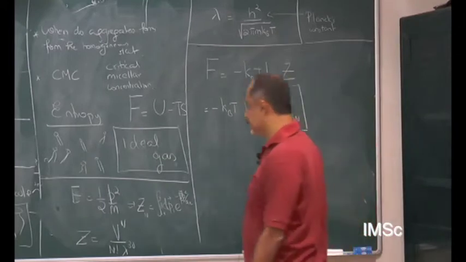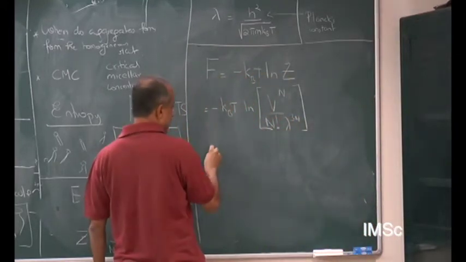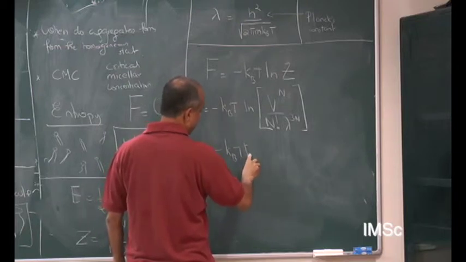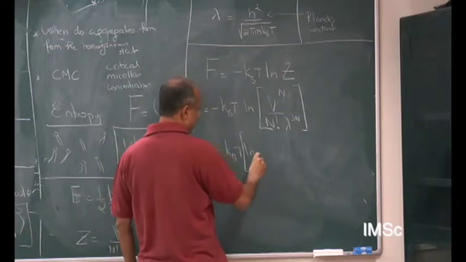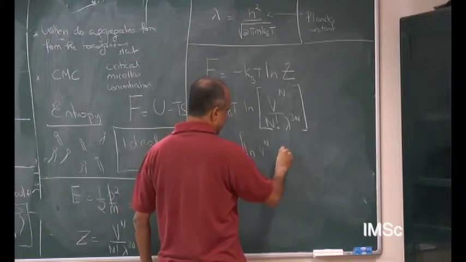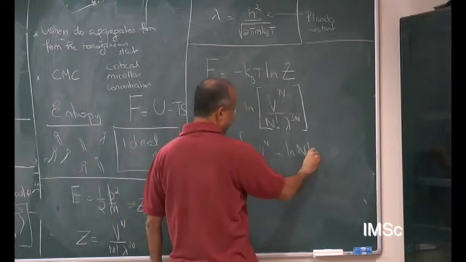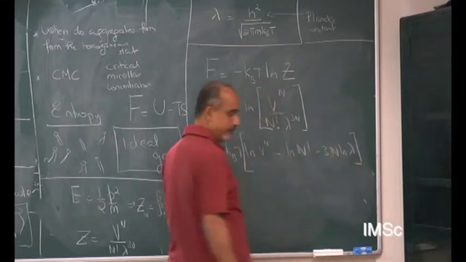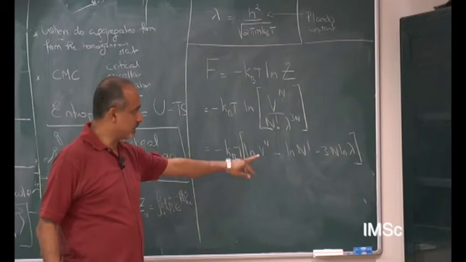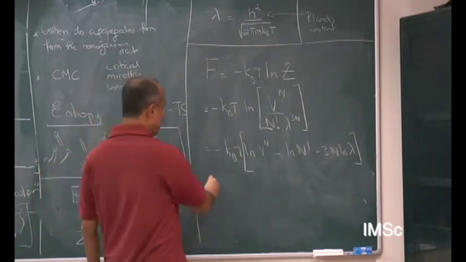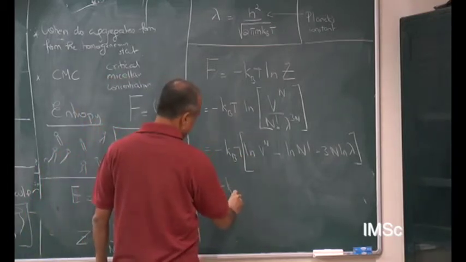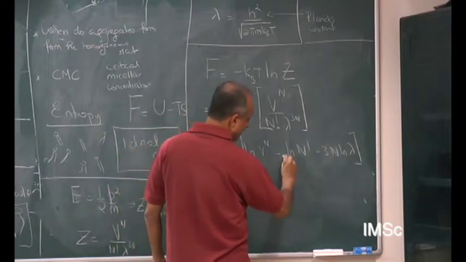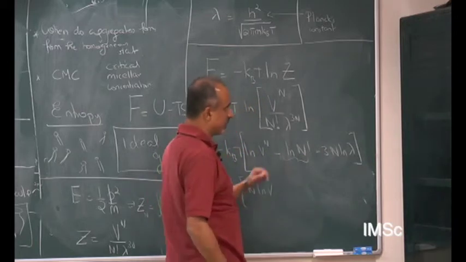So once I did this, I used Stirling's approximation. I wrote this first as minus kBT times log of V to the power N minus log of N factorial minus 3N log of lambda. I just took the log and put the minus signs correctly. Then I used Stirling's approximation for log N factorial.